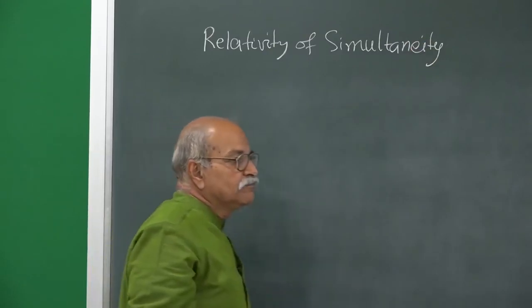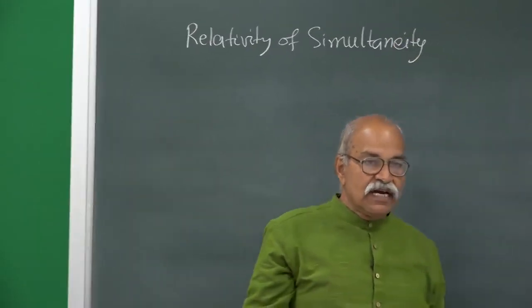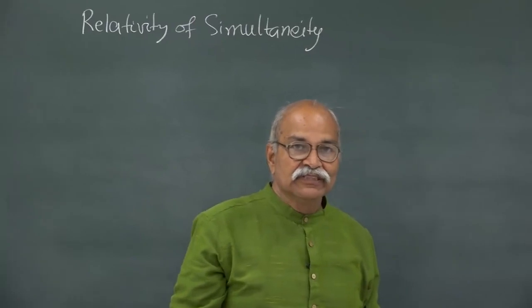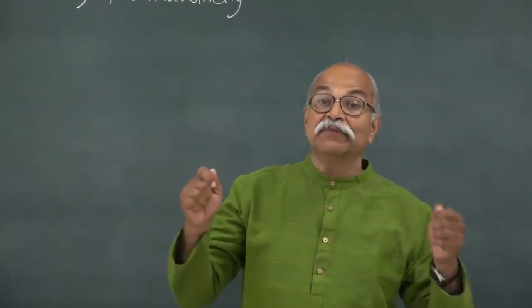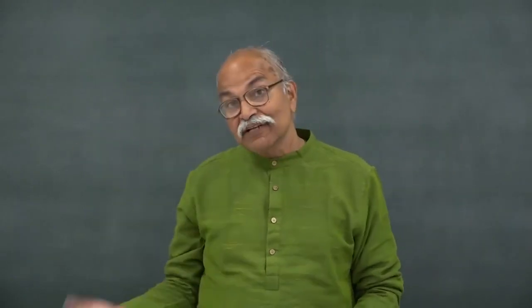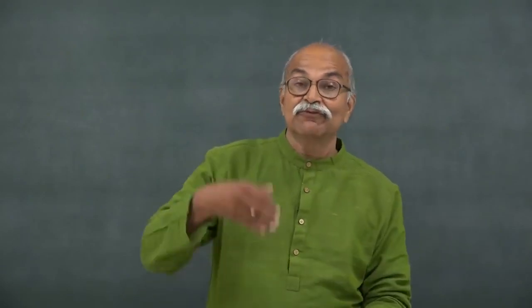What does it mean? Two events are simultaneous, that means they occur at the same time, at the same instant. This simultaneity is also relative. In one frame the two events may be simultaneous, but in another frame they may not be simultaneous. One has occurred before the other, that is possible.